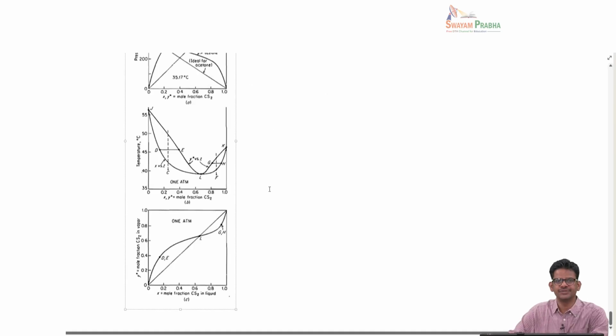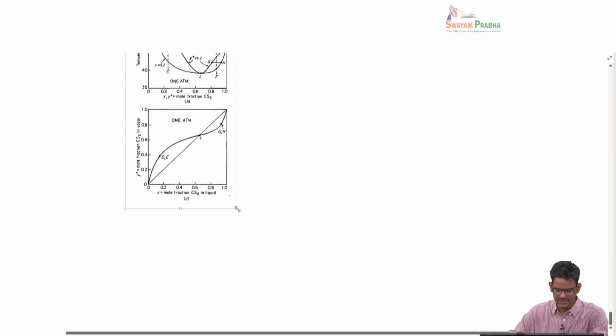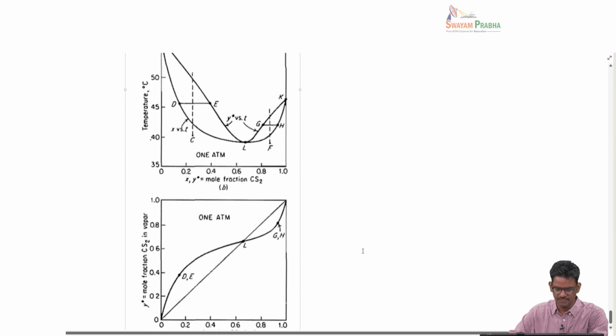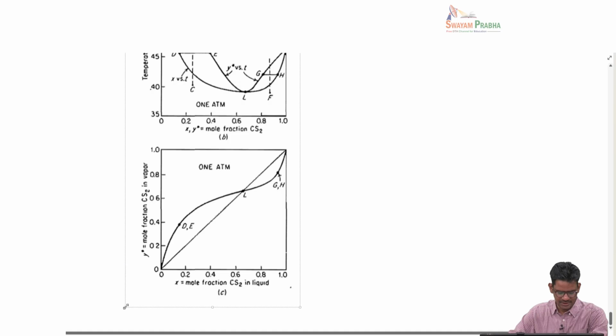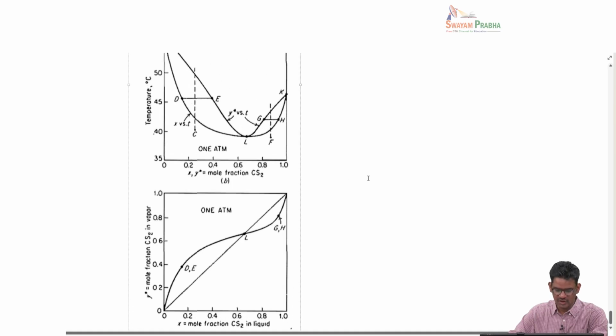We have also seen something like this in the previous lectures, where in some binary mixtures we have deviation from Raoult's law, or non-ideal systems. What is shown on the top is the TXY diagram, and at the bottom we see the XY diagram of a two component system.